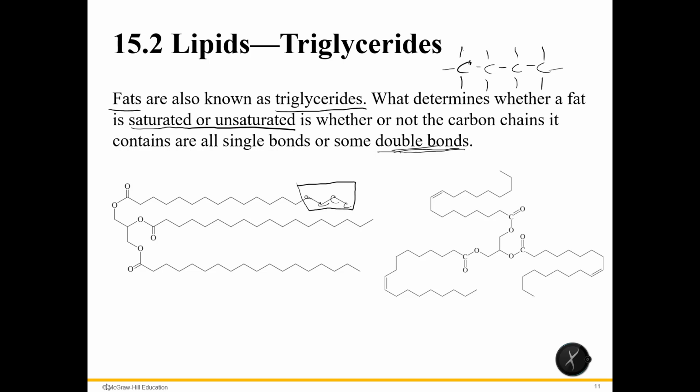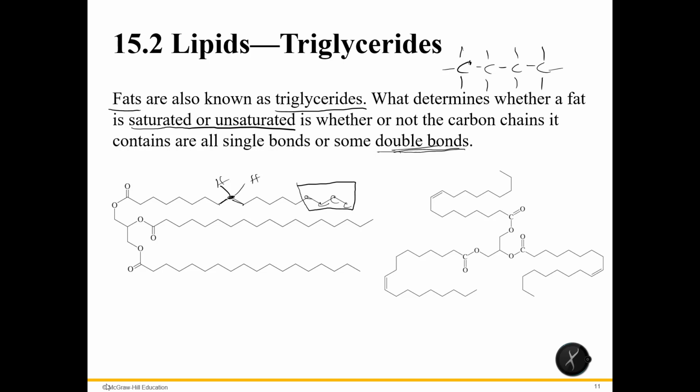So to make a more slimline approach to drawing large structures like this, notice they don't put the carbons in, they don't even put the hydrogens in, because this is what they do. They know that if you're at a point here, and there's a carbon there, here's 1 bond, here's 2 bonds, and then the other 2 bonds are assumed to be hydrogen, because we know carbon wants to form 4 bonds.